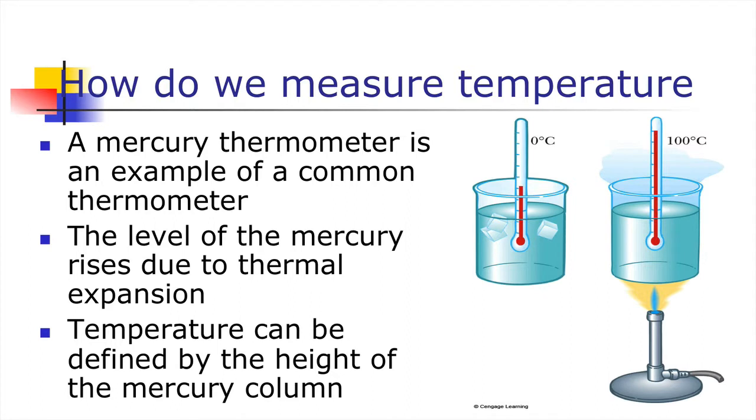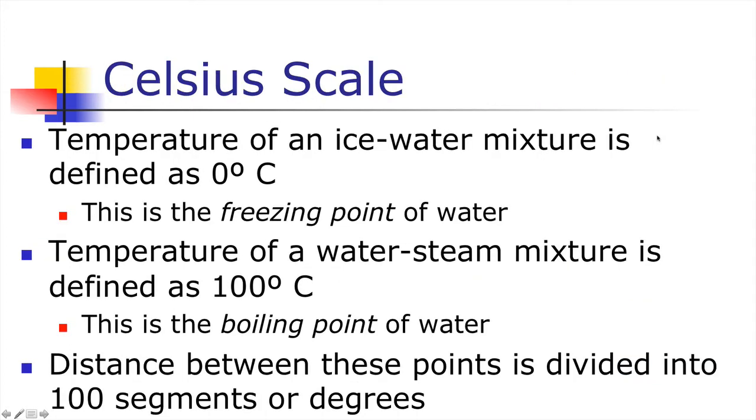For instance, as you can see here, at 0 degrees Celsius the thermometer liquid level is up to here, but if you put it in boiling water at 100 degrees Celsius, then that liquid expands, increases in level, and reaches the 100 degrees Celsius mark.